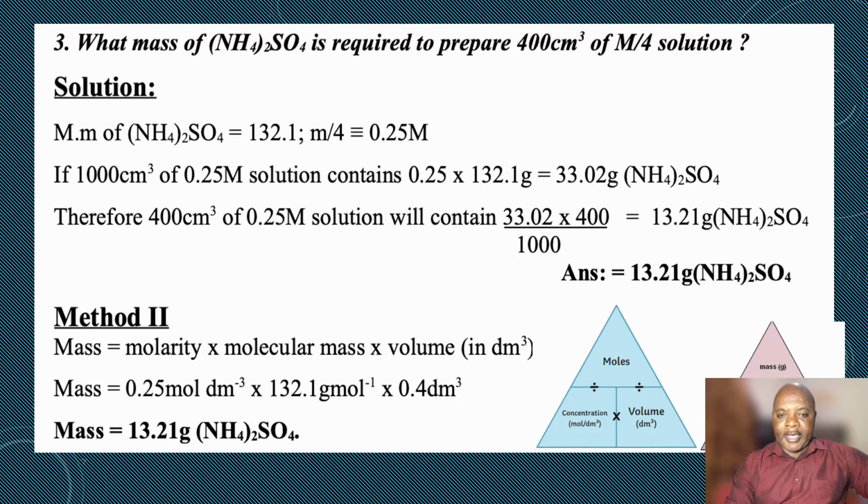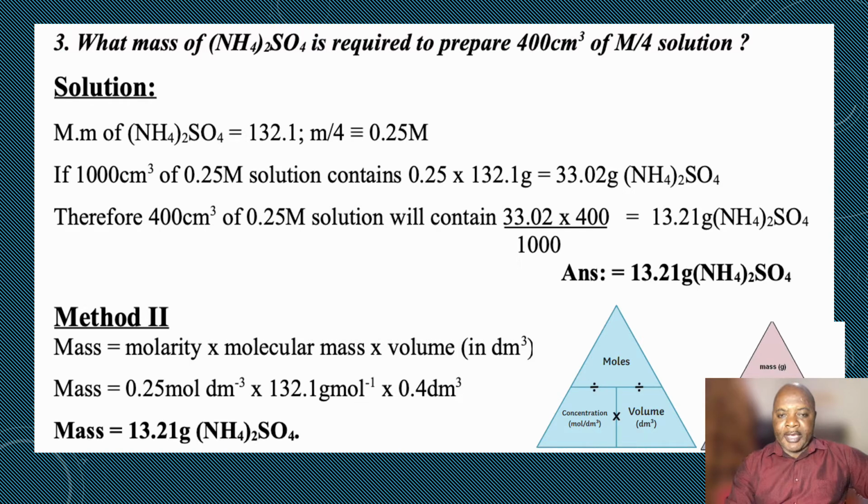Now we have been given the volume, 400. 400 divided by 1000, we will have 0.4 dm cube.